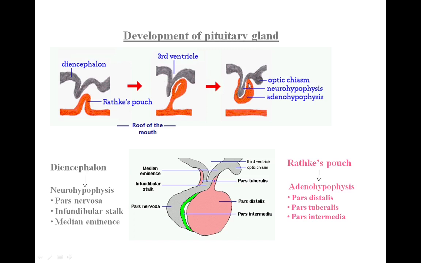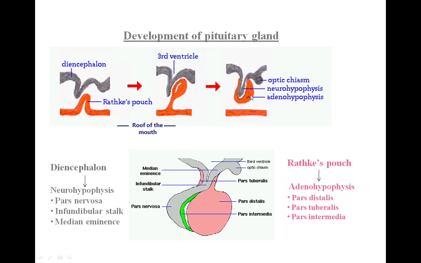So from this Rathke's pouch, the anterior pituitary or adenohypophysis will be developed. So the adenohypophysis has three parts. That part also surrounds the neurohypophysis, which is known as the posterior pituitary, which is attached to the diencephalon.